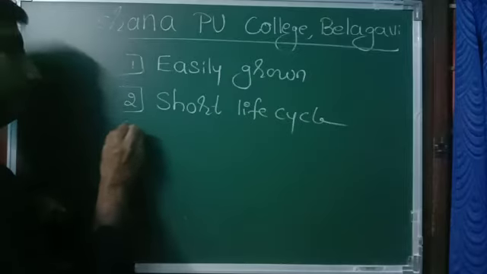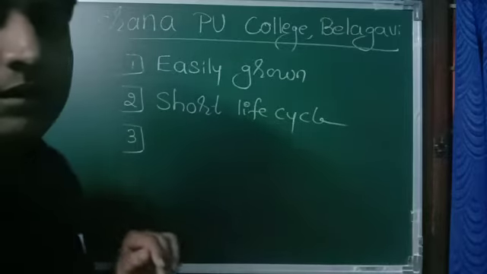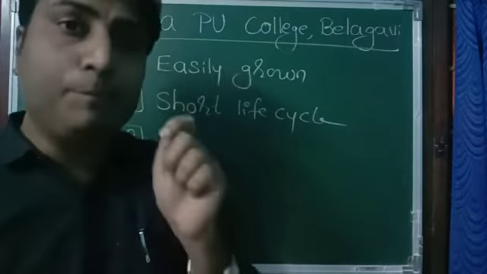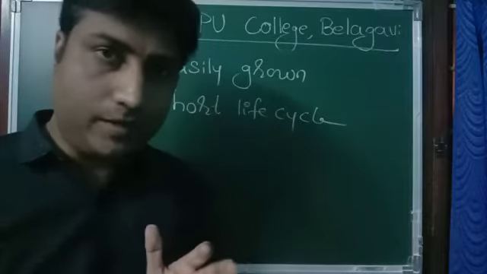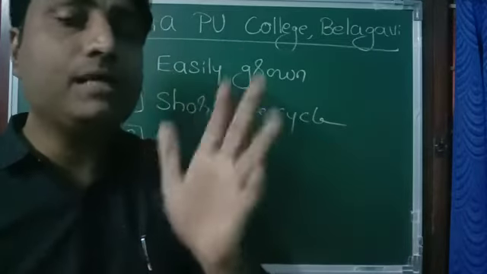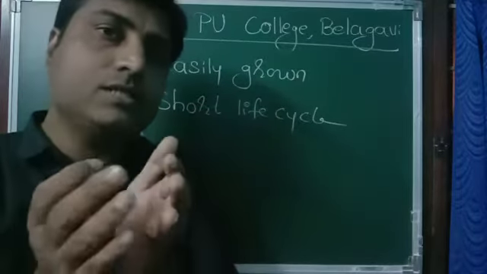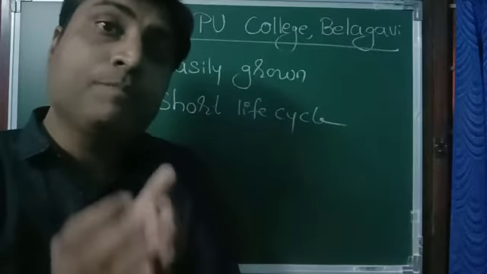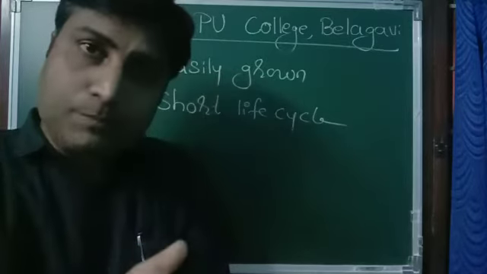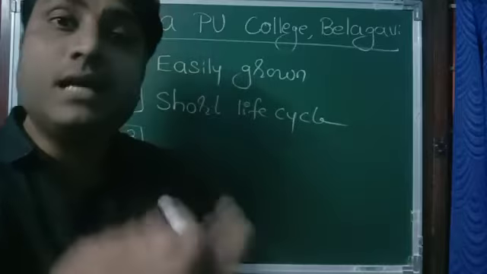Third one: the garden pea plant produces bisexual flowers. And what is the benefit of bisexual flowers? When a flower is bisexual, we can go for cross pollination as well as self pollination.